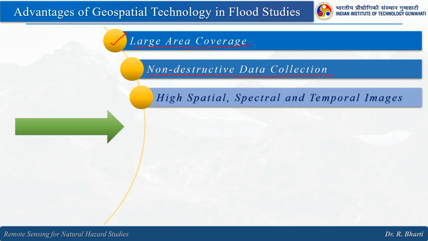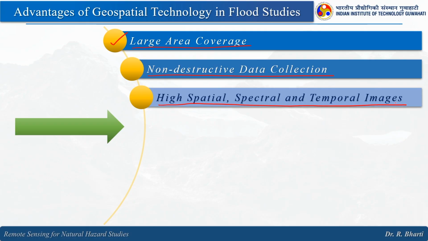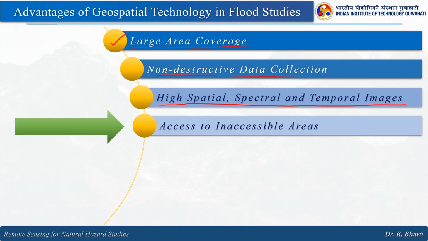And here the high spatial, spectral and temporal images are the advantages, because when we are having high spatial, spectral and temporal images, we have more information about the area or about the target, right. And this is also used for the inaccessible areas, because sometimes after the disaster we can't visit the area. So, in such situation remote sensing can be our eyes, right.